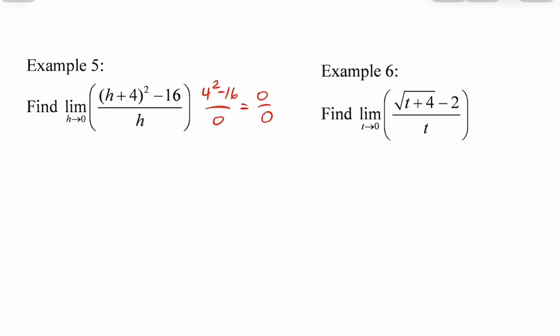That tells you that I am able to find an equivalent function that doesn't have a problem at 0. 0 over 0 tells you that you can find a better version, because technically there's a hole in the graph. And we don't care about the hole in the graph.